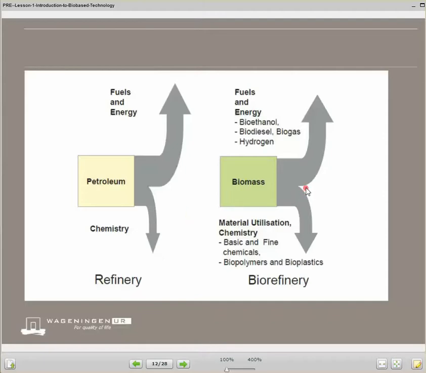What we want to move towards, and where there's an awful lot of research going on right now, is converting biomass, so these chicken feathers, soybeans, leaves, this grass, into bioethanol, biodiesel, biogas like methane, hydrogen, or into the chemistry, the basic and fine chemicals, biopolymers, and bioplastics.